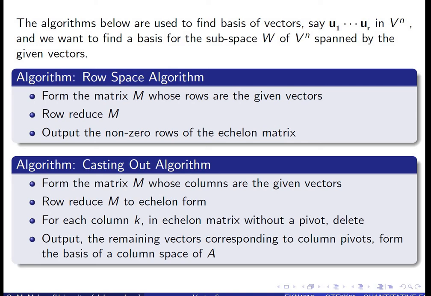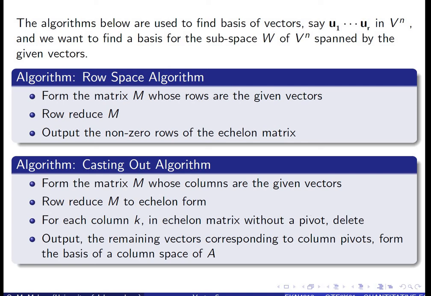Say you are in Vn and we want to find a basis for the subspace W of Vn spanned by the given vectors. So what you do is form the matrix M whose rows are the given vectors, which simply means that if you have a set of vectors, you form a matrix out of them, and you row reduce M. Row reducing a matrix is something that we covered in second year using Gauss-Jordan elimination, or Gaussian elimination, right?